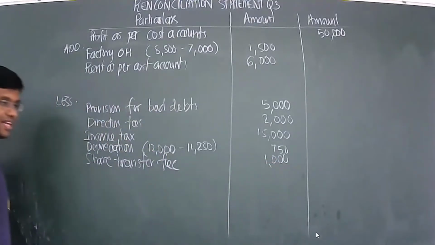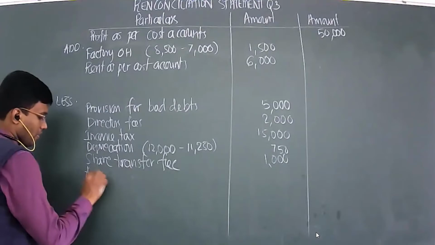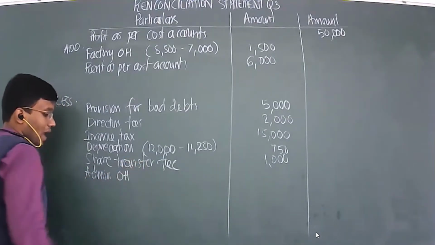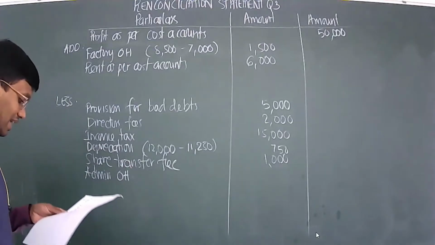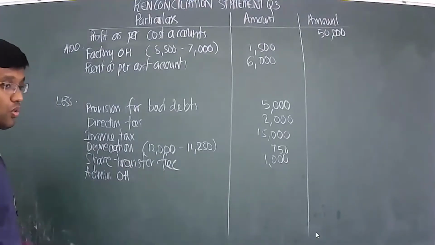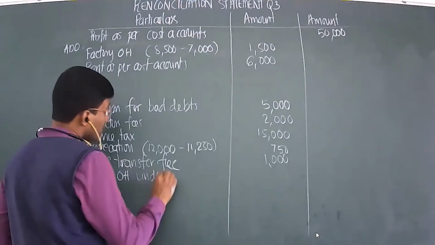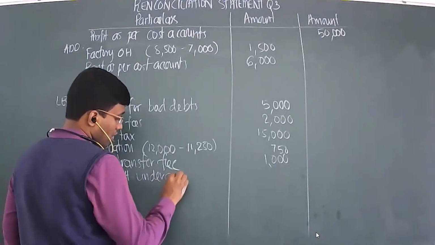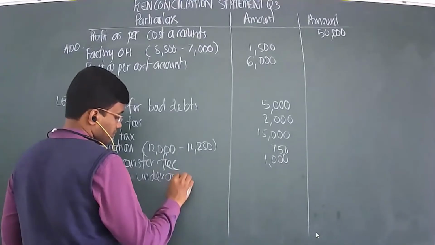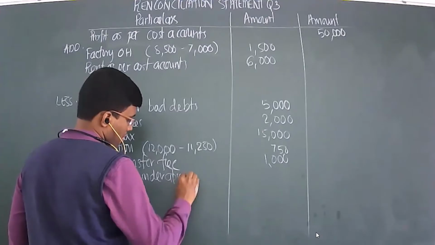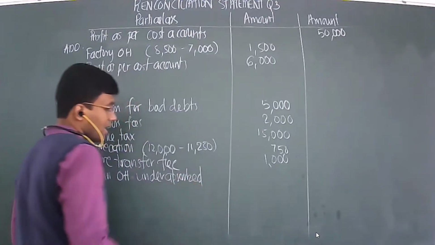The next expense that we have is admin overhead. In this case, what has happened with admin overhead is that it is under absorbed.